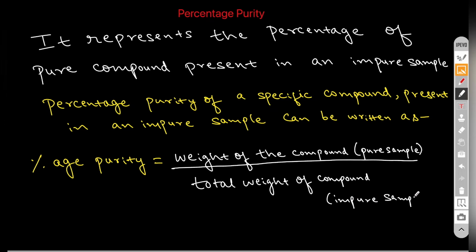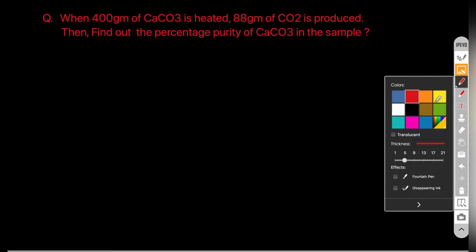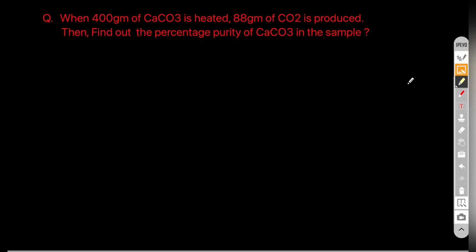So this is simply the formula for percentage purity. We'll solve problems so you better understand. Just remember this formula. Now moving on, we have a problem here which you have to solve.